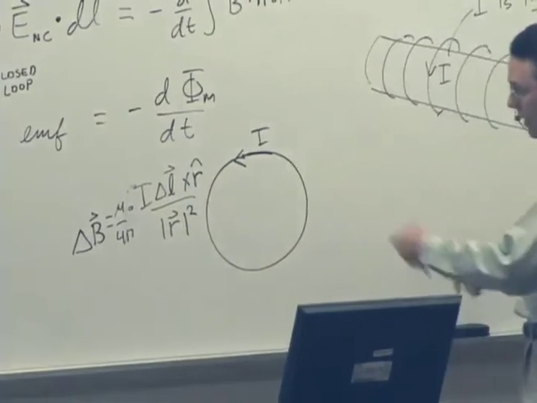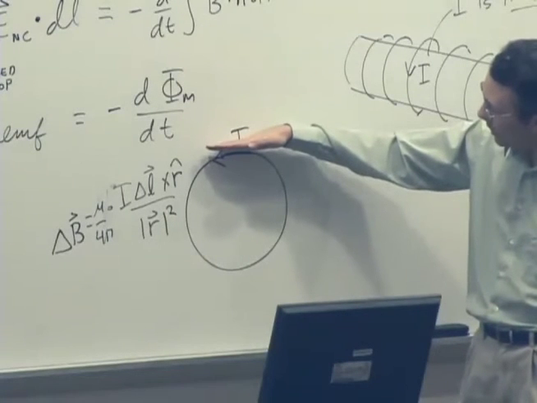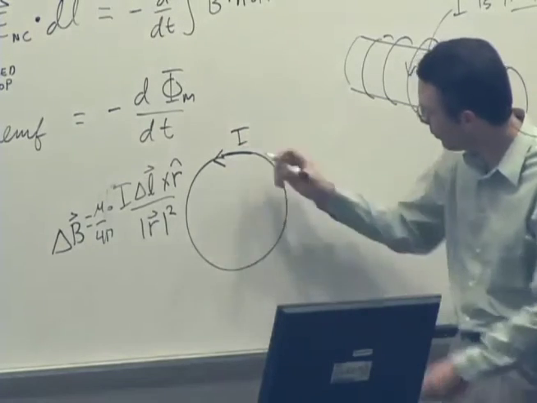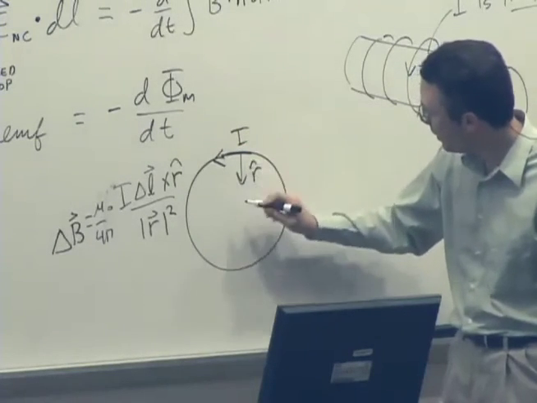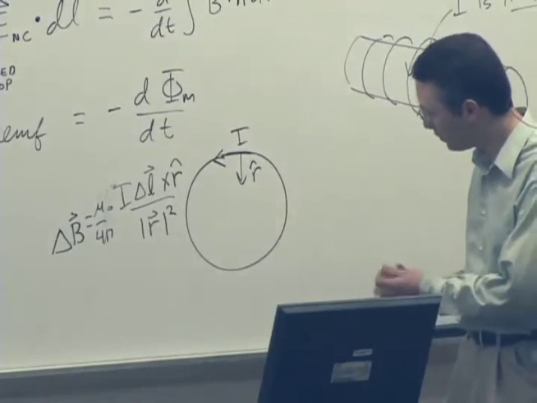All the delta L's, all the pieces of the current, contribute I delta L pointing that way, curl the fingers down toward the observation location, so R hat is pointing that way, and you get a magnetic field pointing out. Okay, so B is out.